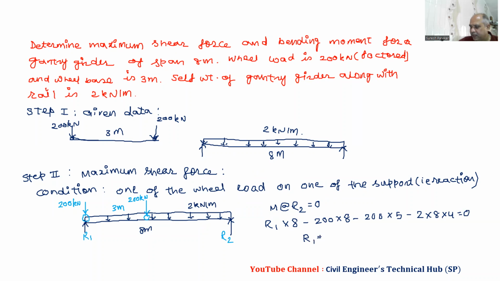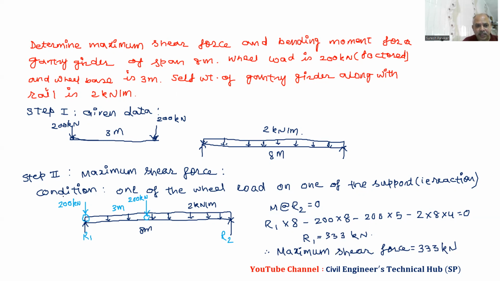And from this we will get R1 equal to 200 into 13 plus 64 divided by 8. It comes 333 kilonewtons. And we have therefore maximum shear force equal to 333 kilonewtons.